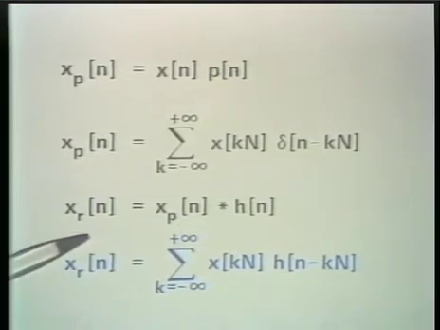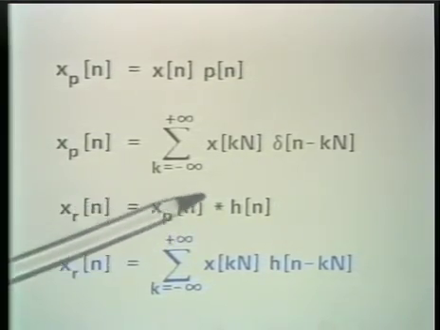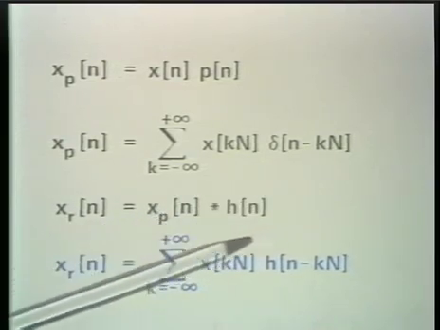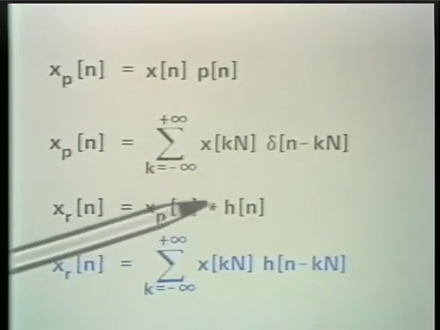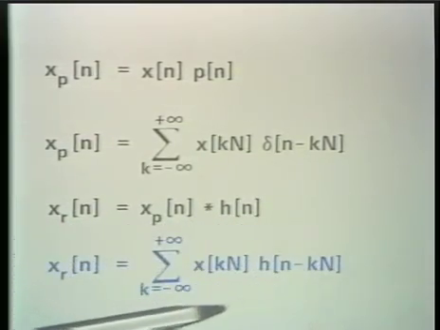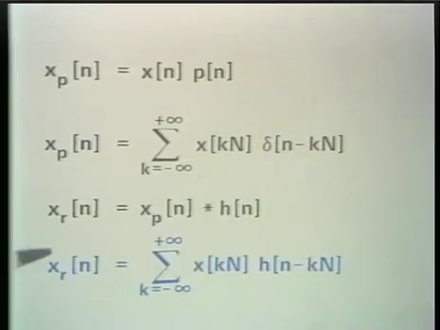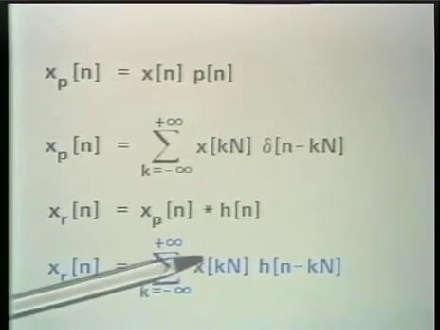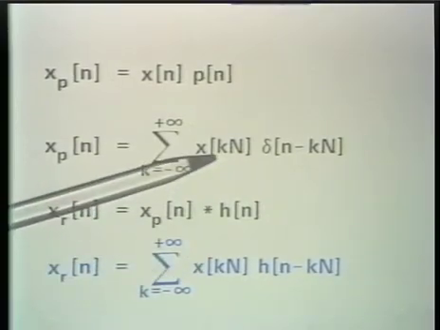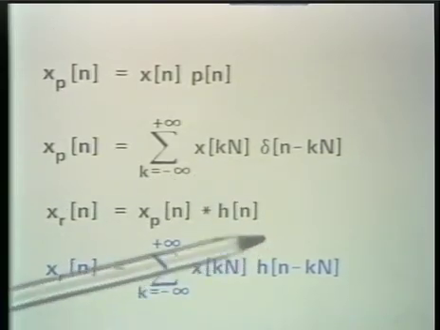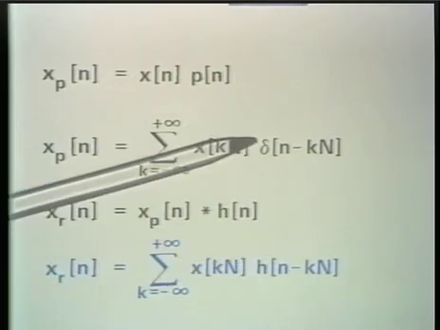And so the reconstructed signal is the convolution of the sampled sequence and the filter impulse response. And expressed another way, namely writing out the convolution as a sum, we have this expression. And so it says then that the reconstruction is carried out by replacing the impulses here by versions of the filter impulse response.